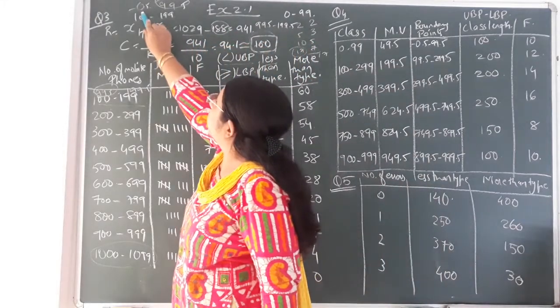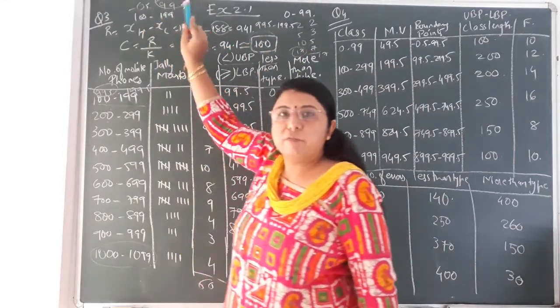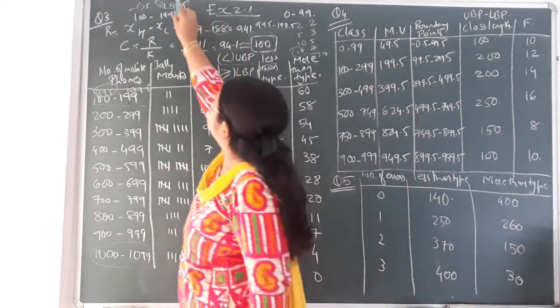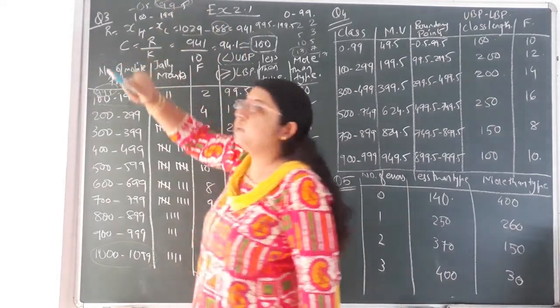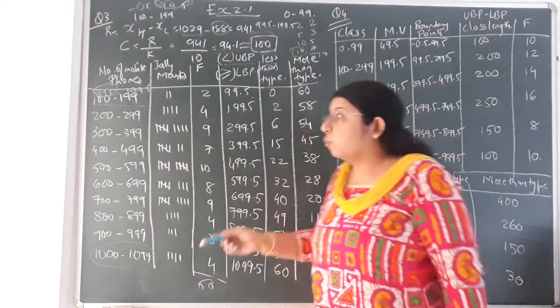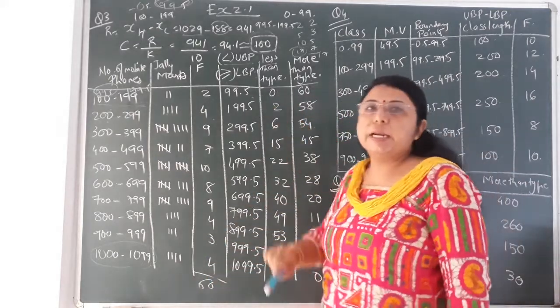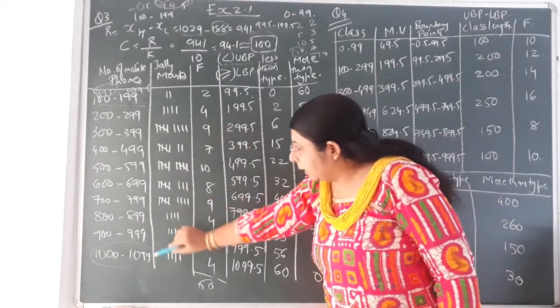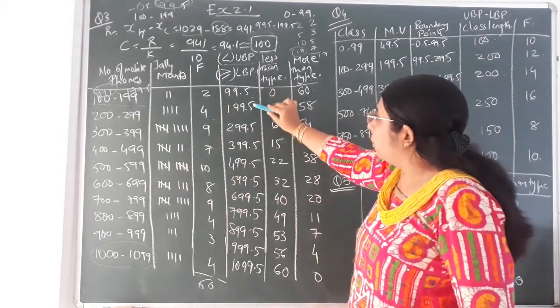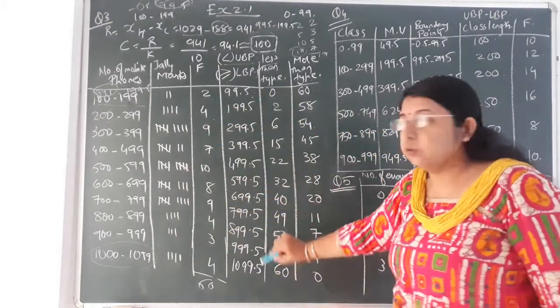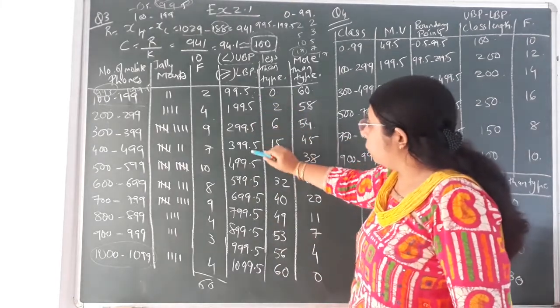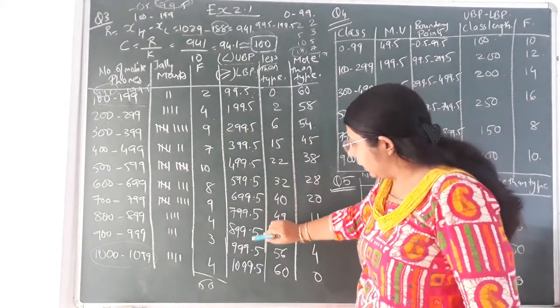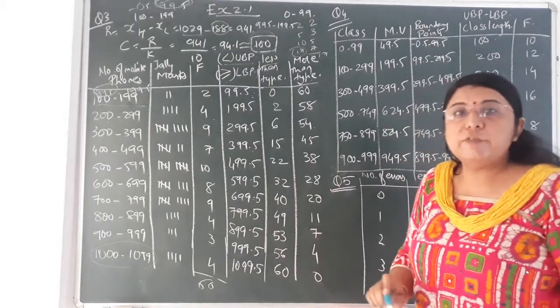So here I have written minus 0.5 to 99.5. The upper limit of the previous class would be 99.5, so we'll start our calculation from 99.5. You can see here there are a total of 10 classes, but the upper boundary points are a total of 11. You can verify: 1, 2, 3, 4, 5, 6, 7, 8, 9, 10 and 11. Total 11 it would be.